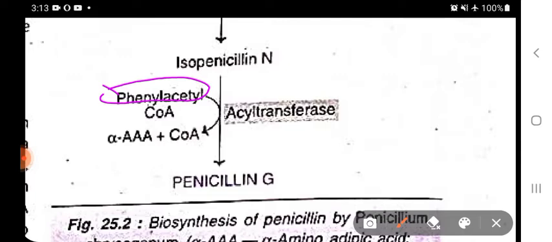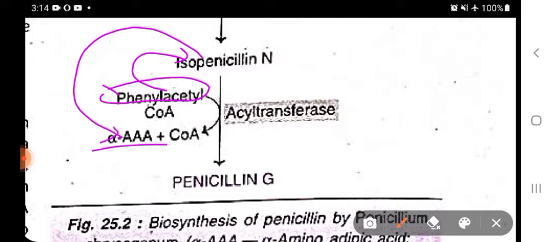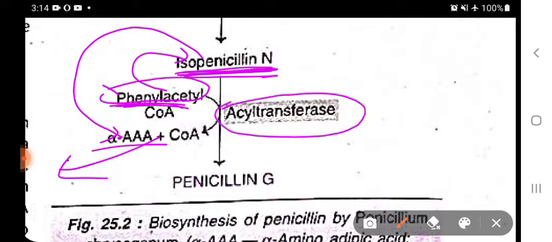This is getting attached, and the amino adipic acid is getting replaced. The amino adipic acid which is found inside the isopenicillin gets replaced with phenyl acetic acid, and this reaction is actually catalyzed by acyl transferase, right, to form penicillin G.